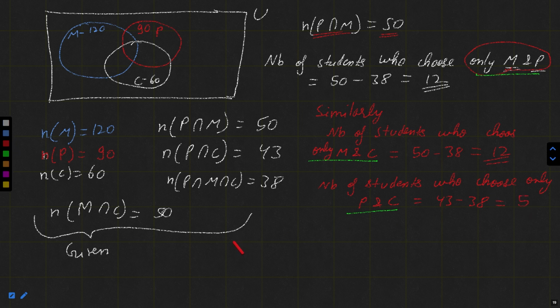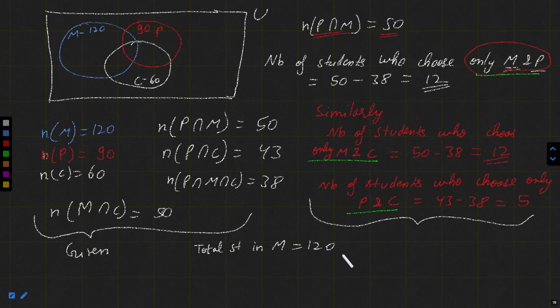Now we know this information also. Now we know that the total number of students in mathematics is 120.